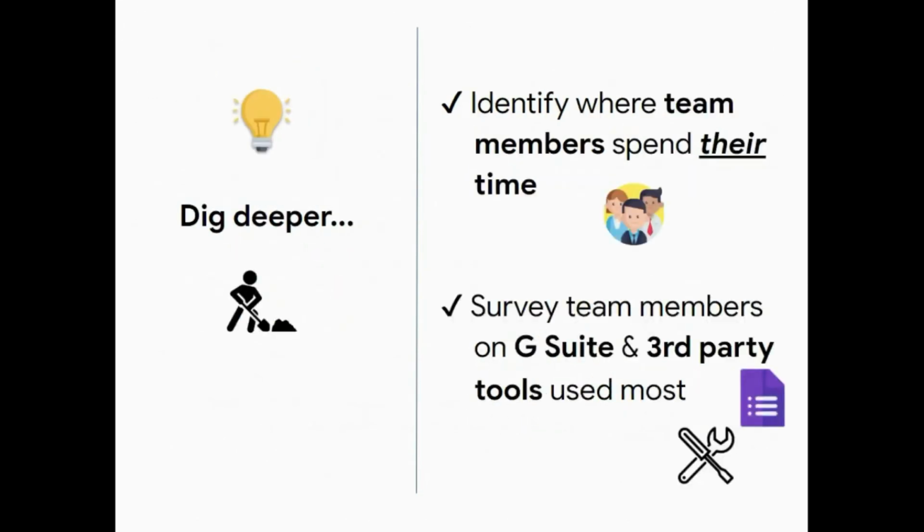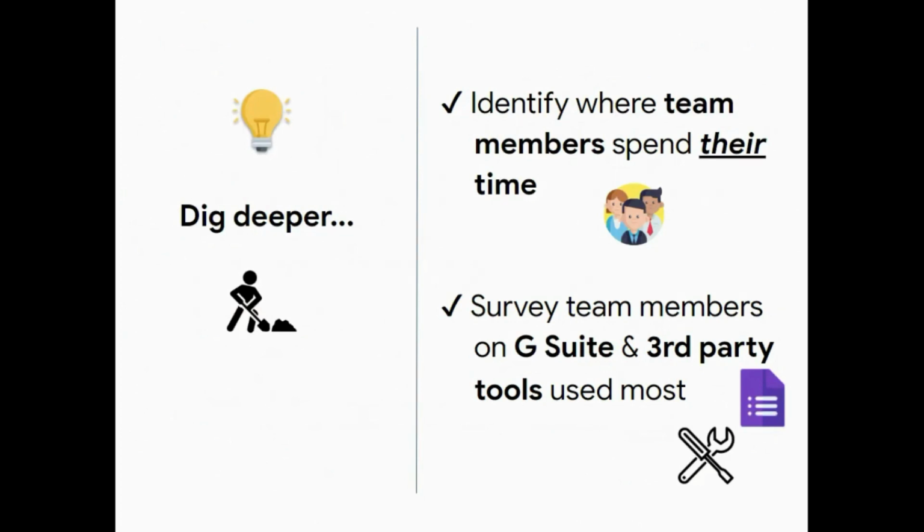Once you've looked at those two areas and found some areas that you think might be good to automate within your G Suite organization, then I encourage you to dig a little deeper. You can identify where your team members are spending their time, especially on those time-consuming tasks, which are usually manual.